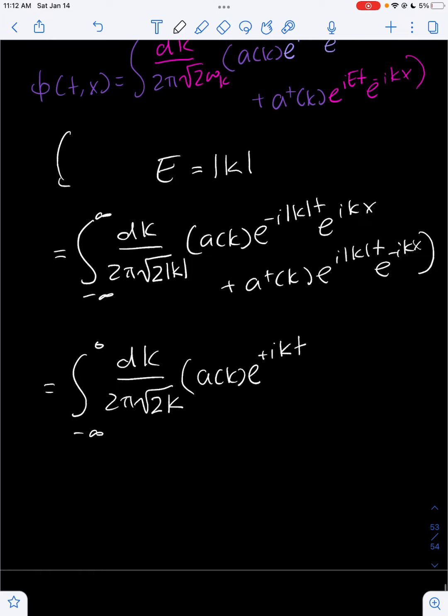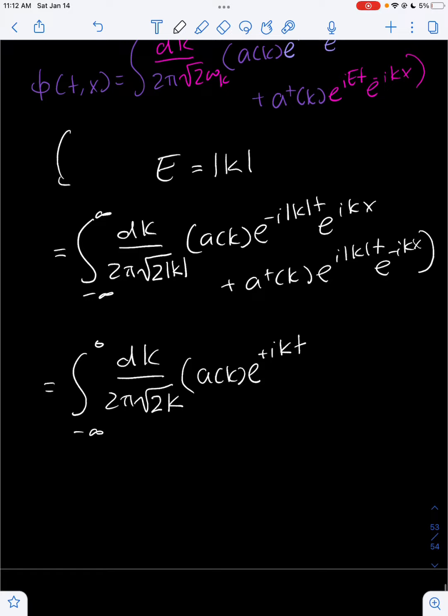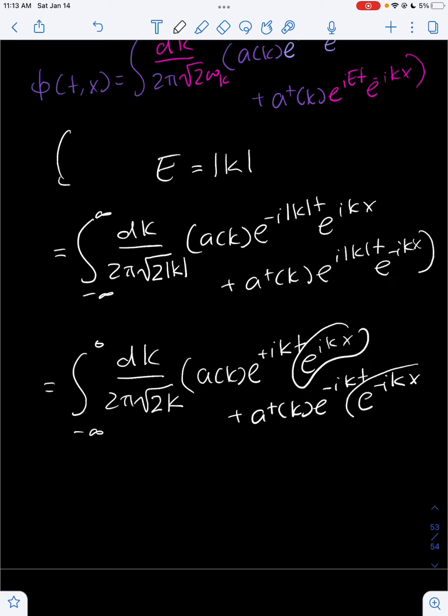We want to change the sign because k is going to be negative in this range. Since it's the absolute value of k, we should put a negative sign in front of that and now make it positive. Kind of strange, but it does work out. So we'd have e to the i k x plus a conjugate k e to the minus i k t. Again, we just change the sign, e to the minus i k x. We don't change the sign in front of this over here because the momentum can be negative, but the energy can't.